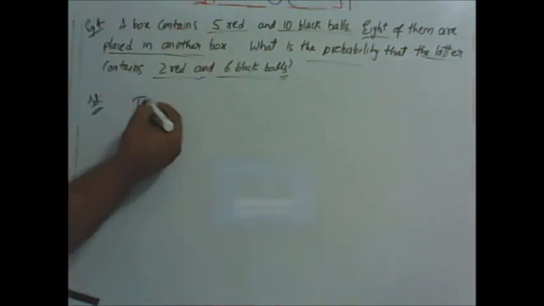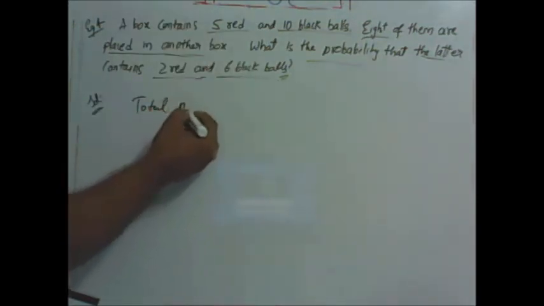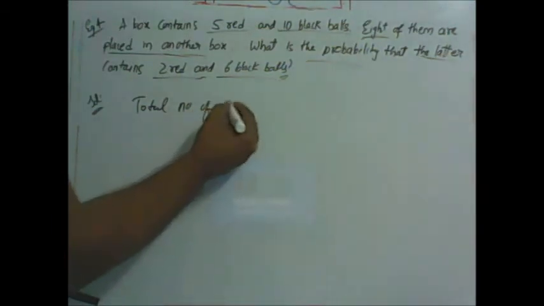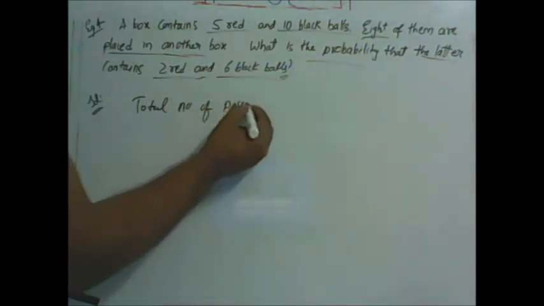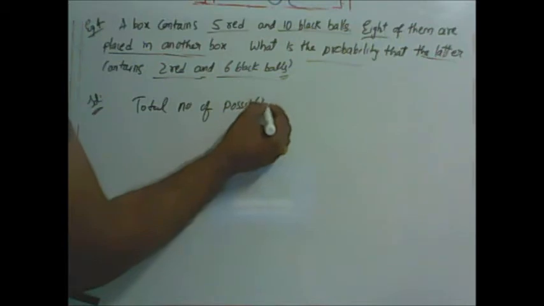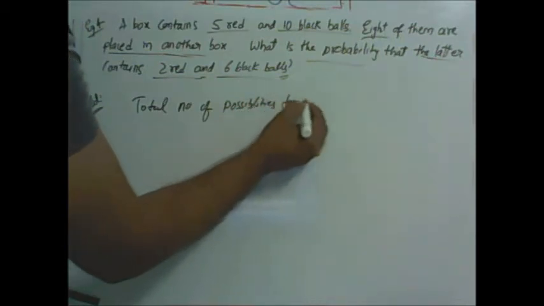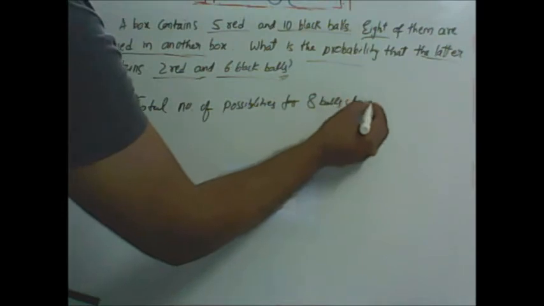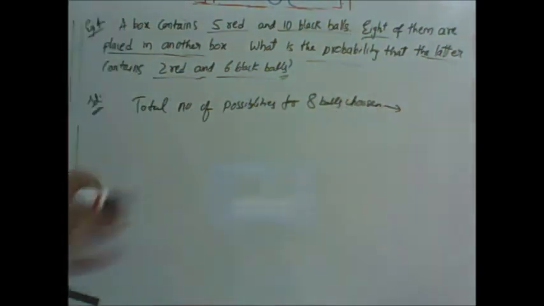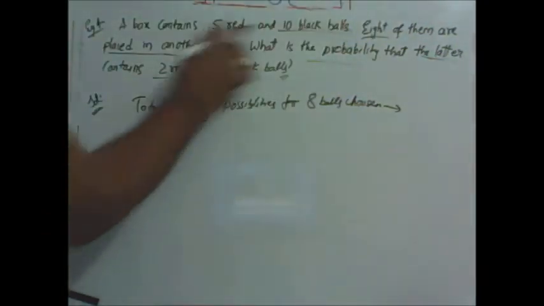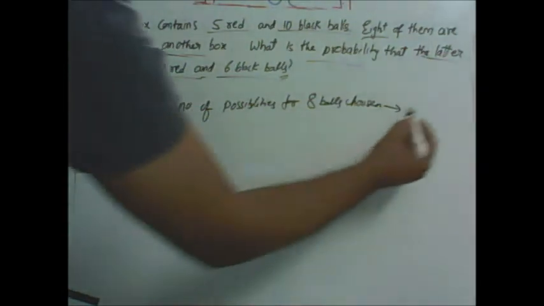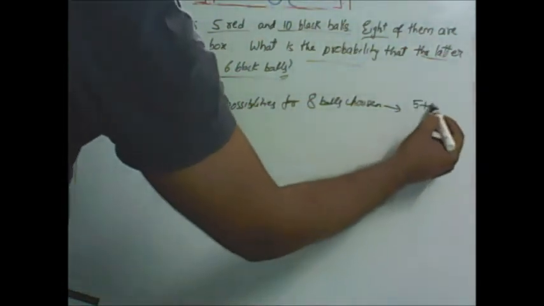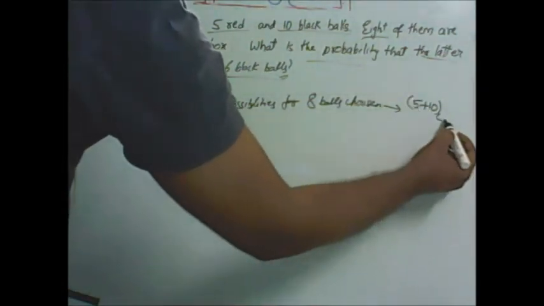So when we find the total number of possibilities for 8 balls chosen, there are no restrictions. The total outcomes possible when we draw 8 balls from a total of 15 balls, 5 plus 10, is 15C8.